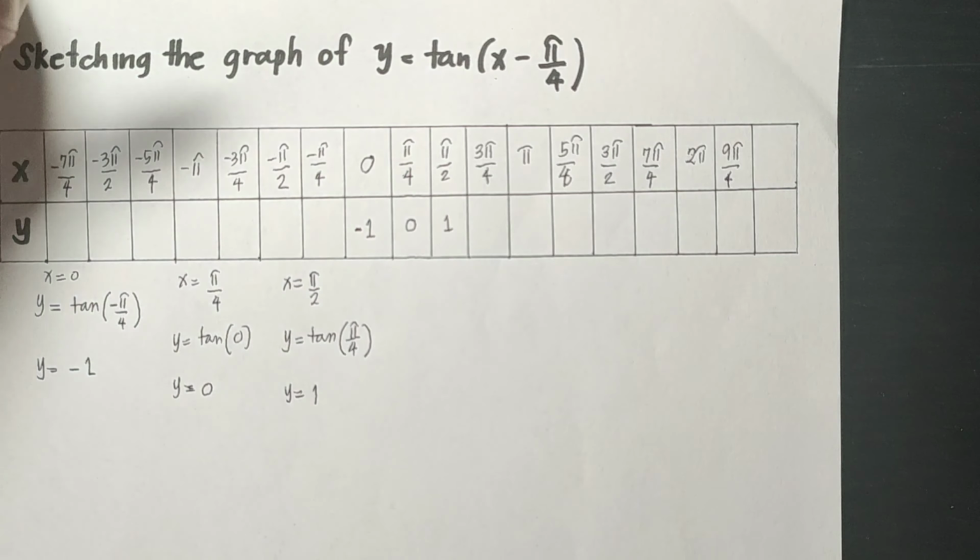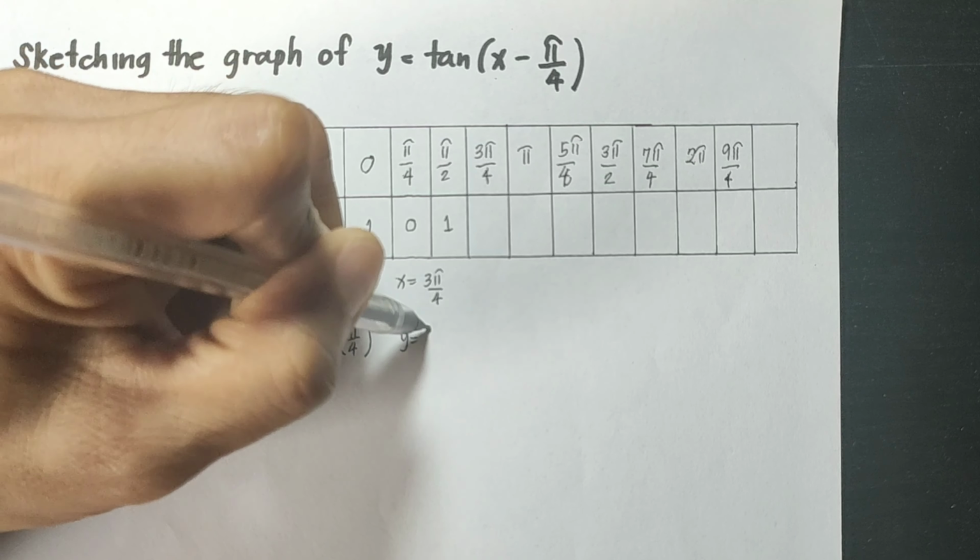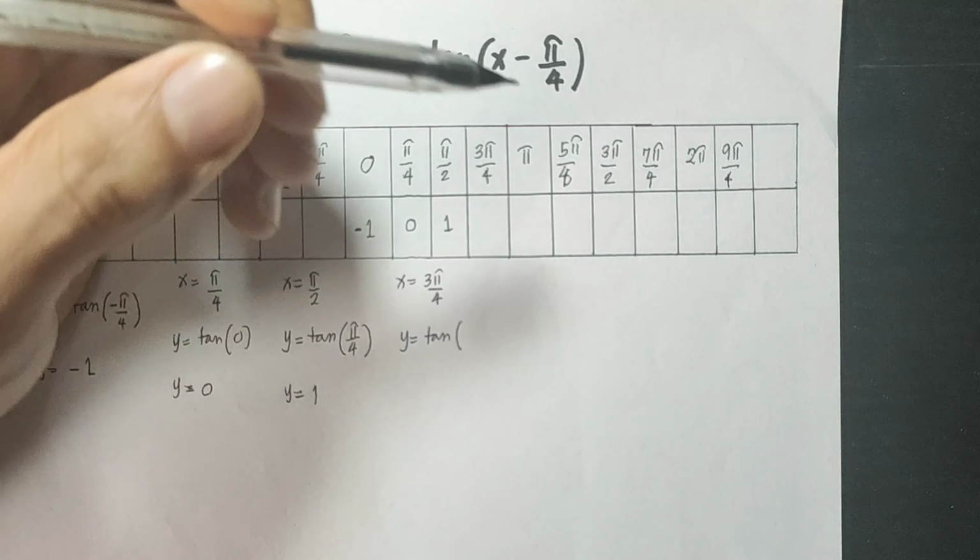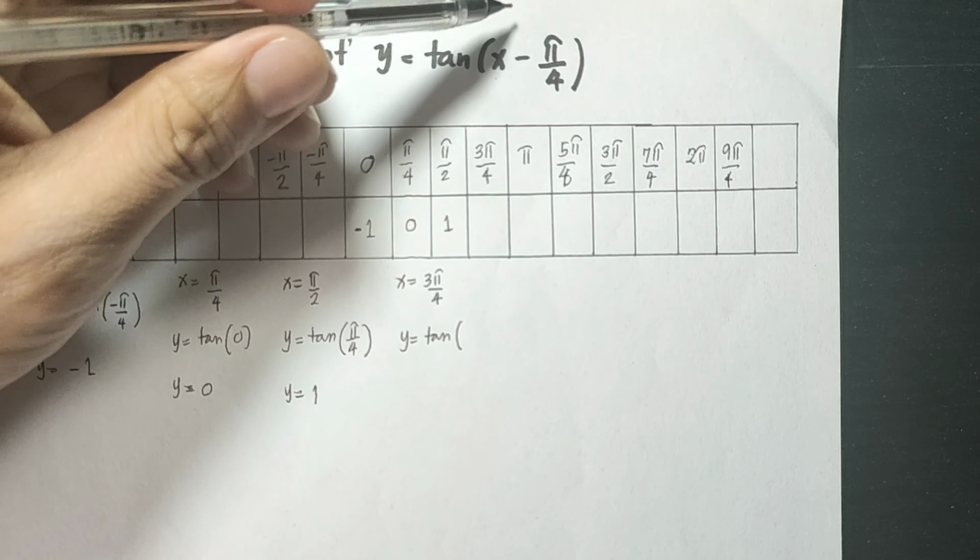Next, what if your x is 3 pi over 4? What will be the value of y when replacing x with 3 pi over 4? So 3 pi over 4 minus pi over 4, same denominator, that will become 2 pi over 4, or simply pi over 2. So with that, let us use our unit circle to find the value of tangent of pi over 2.